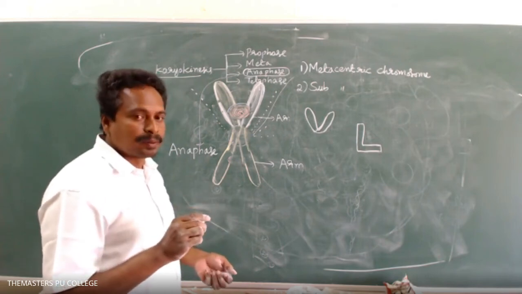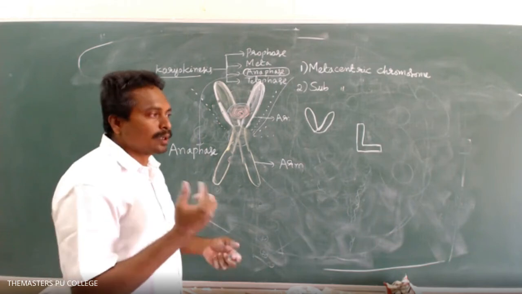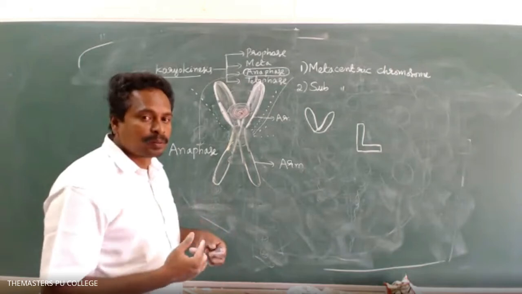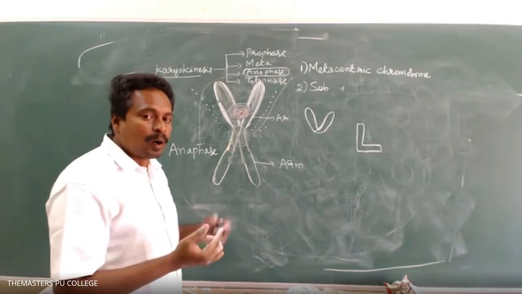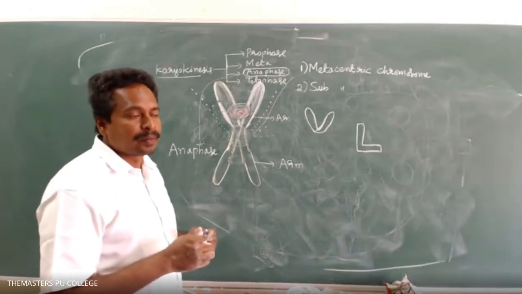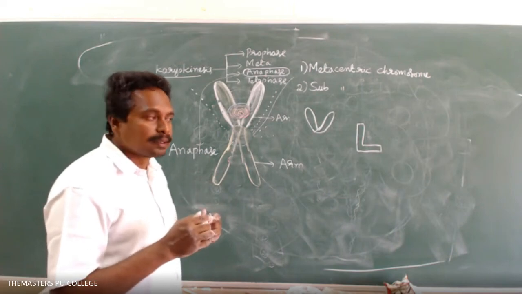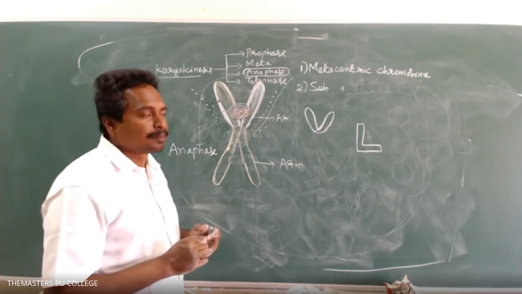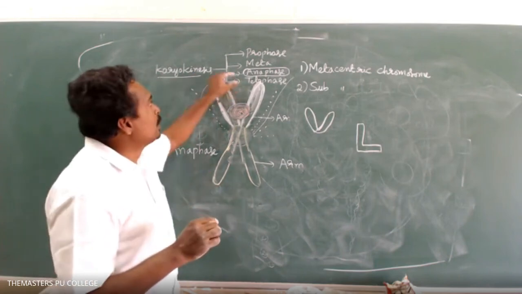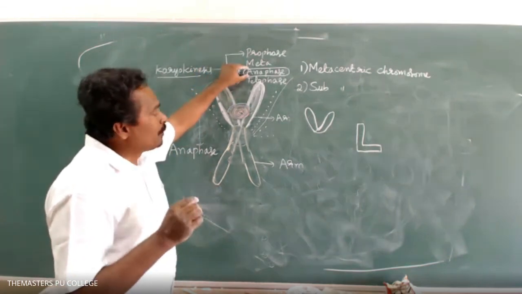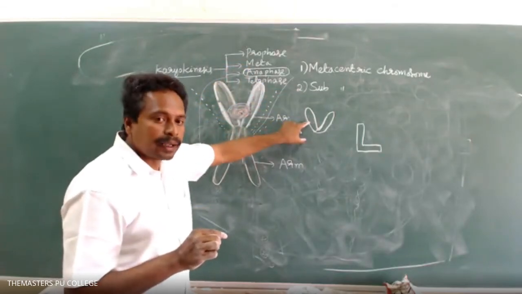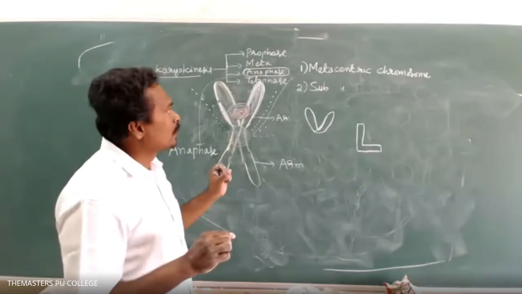There we will discuss how the chromosomes split while moving, how they migrate from the center, and how they are arranged in metaphase. Those details we will discuss in the cell cycle and cell division chapter. In anaphase, during karyokinesis, the chromosomes attain different shapes. Okay, is it clear?